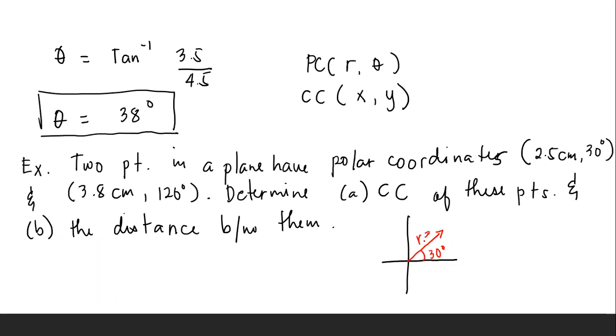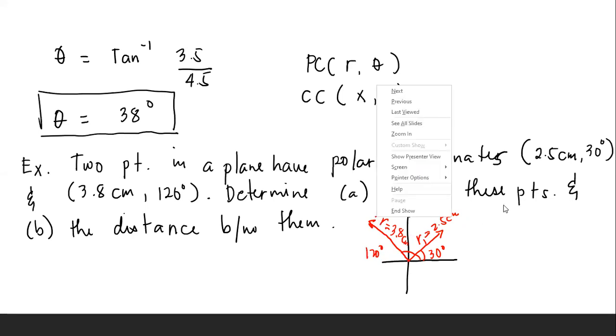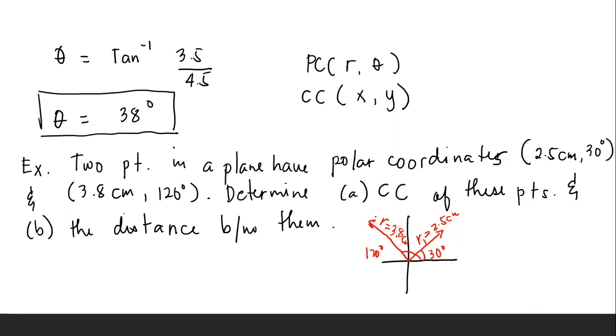R is R1, 2.5 centimeter. Your R2 is 3.8 centimeter. Then 120 degrees. Okay, now, the requirement is to find the Cartesian coordinate of your R1 and R2.